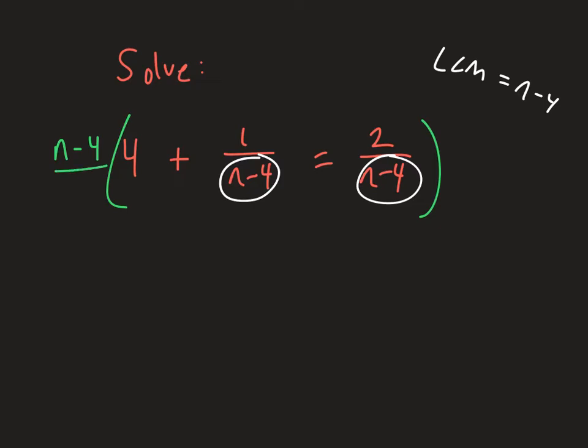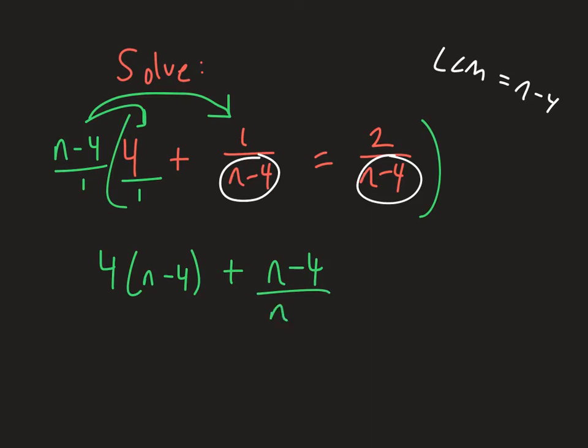n minus 4. Okay, and I'll put 1s underneath the terms that don't look like fractions just to make things look nicer. So this first term here, I'm going to write it as 4 times n minus 4. Okay, the denominator is just 1, so I'm not even going to write anything. When I distribute the n minus 4 to the second term, it's just getting multiplied by 1 up top. But its denominator is n minus 4 also.